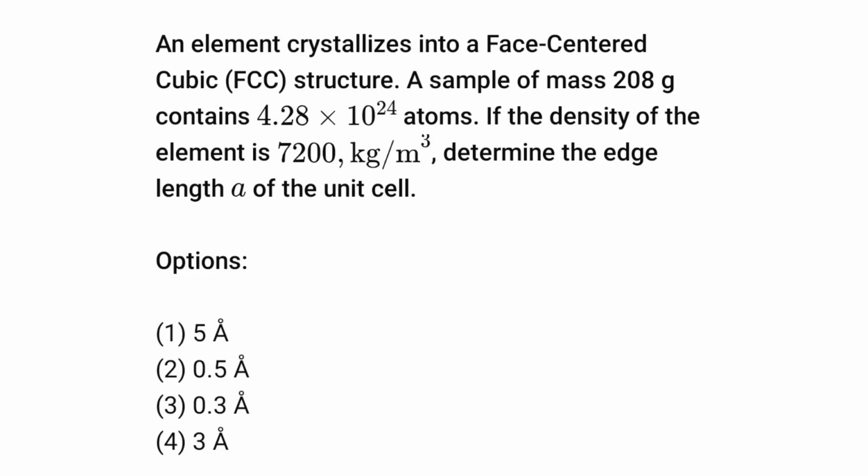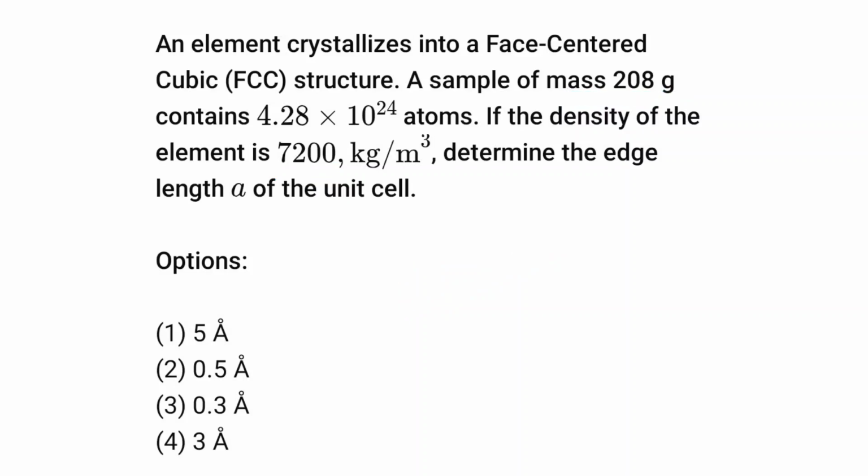An element crystallizes into an FCC cubic structure. A sample of mass 208 gram contains 4.28 into 10 raised to 24 atoms. If the density of the element is given, we have to find the edge length, that is a. These are the options.